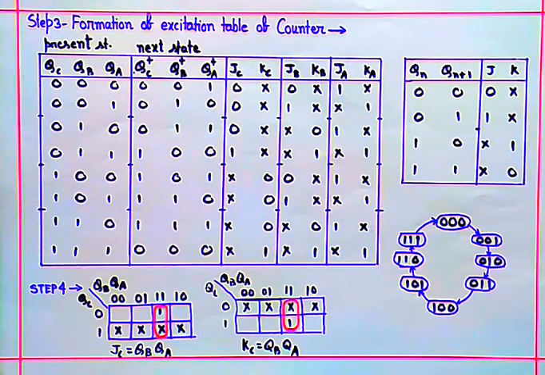Now you know that the value of QC is 0, 1 like this, and the value of QA is 0, 0, 1, 1. Now take the values of JC. You have to put only 1 and don't care values.